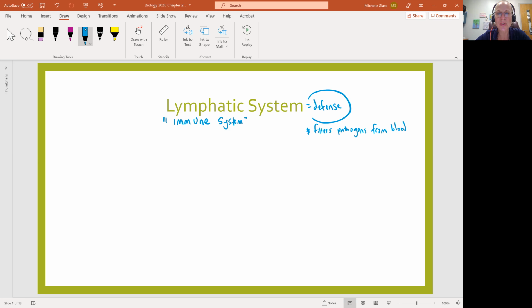We'll see too that when fluid is filtered out of the arterial end of the capillary, and then fluid is brought back into the venule end of the capillary, remember from our chapter 20 discussions, about 3 liters of fluid that leaves the bloodstream actually moves into the lymphatic system. So another important job is to carry excess fluid, about 3 liters from the capillary.